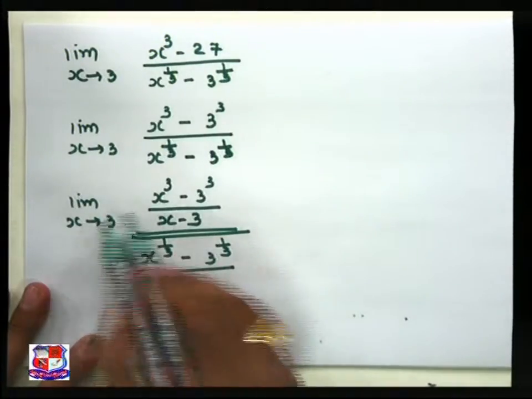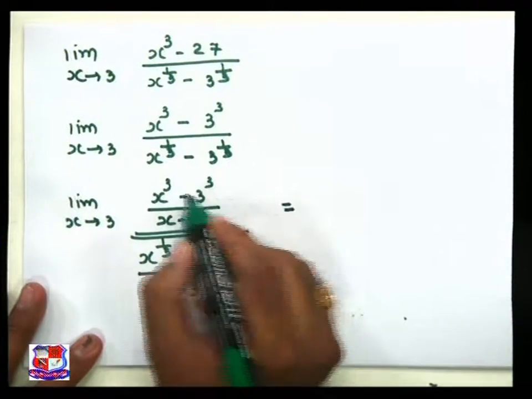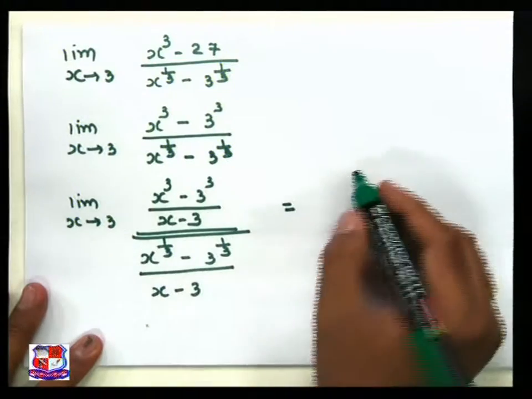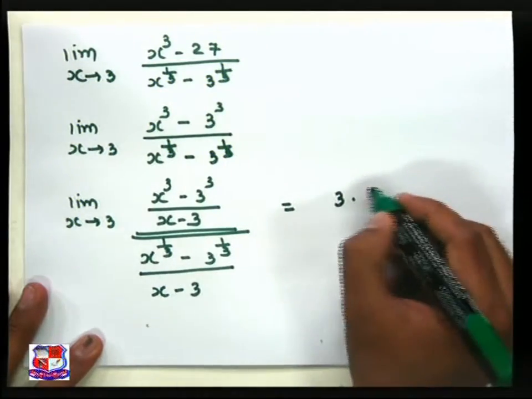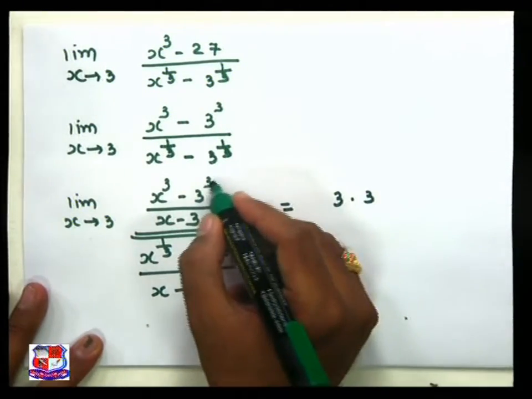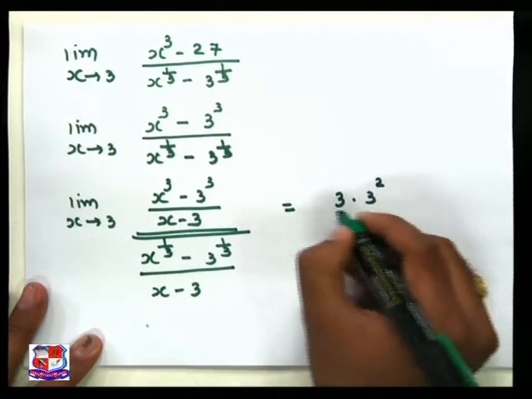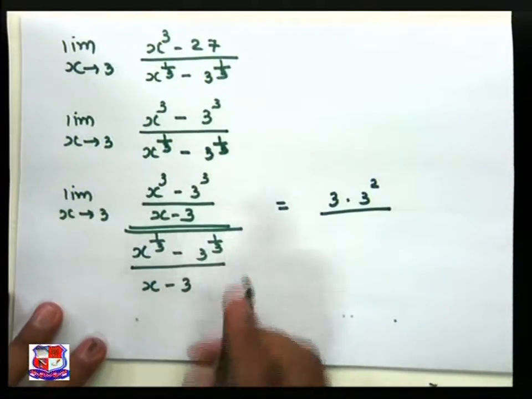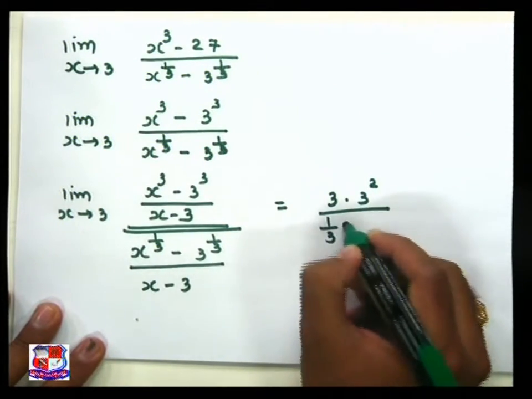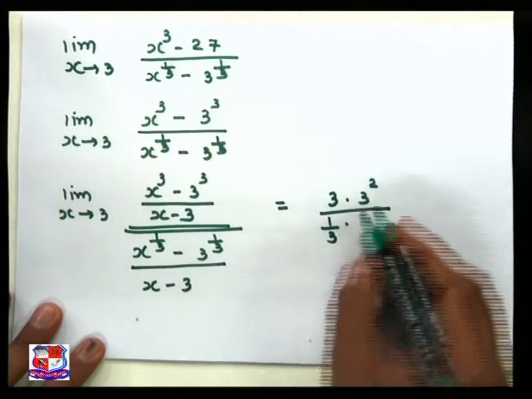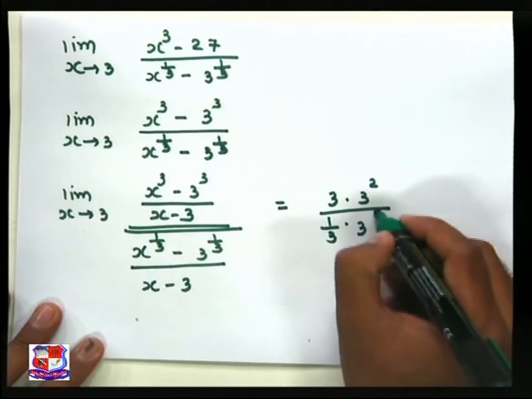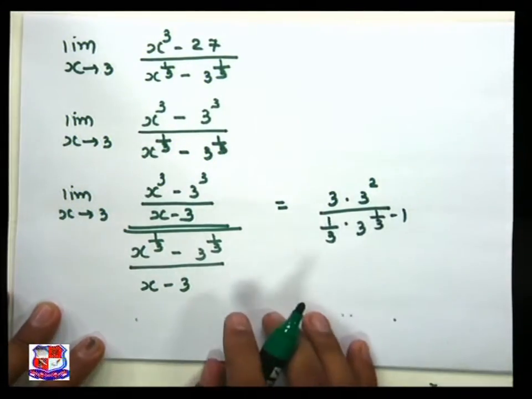So we replace the limit: here a equals 3 and n equals 3, so we can write 3 into 3 raised to 3 minus 1, that is 2, divided by n equals 1 upon 3, so n into a, that is 3, raised to n minus 1, that is 1 upon 3 minus 1.